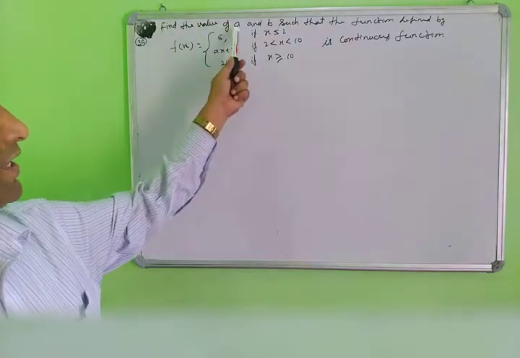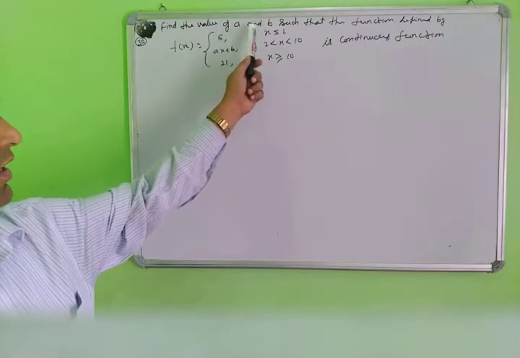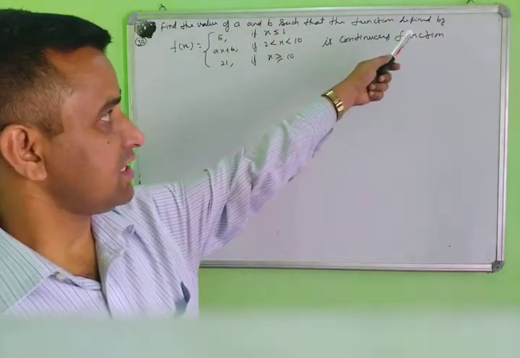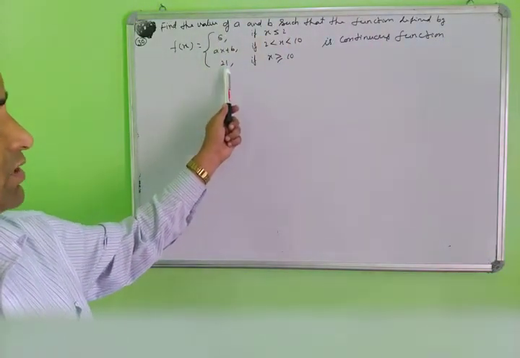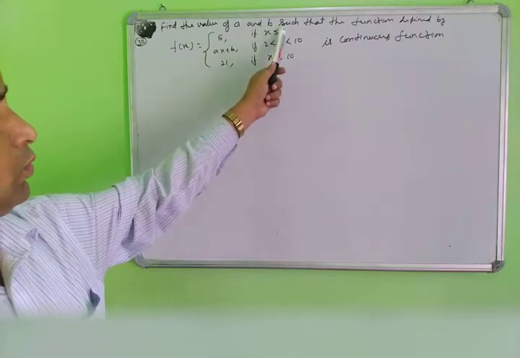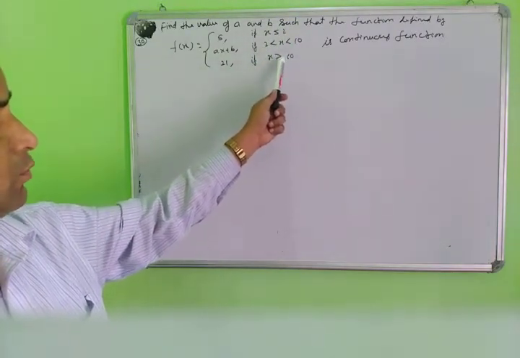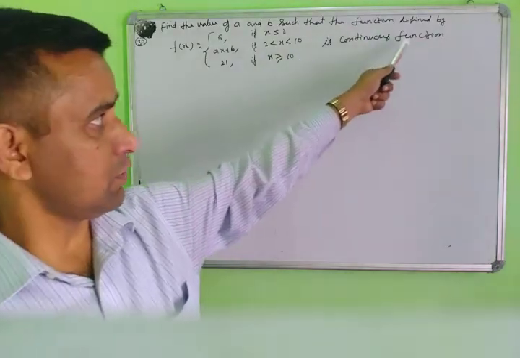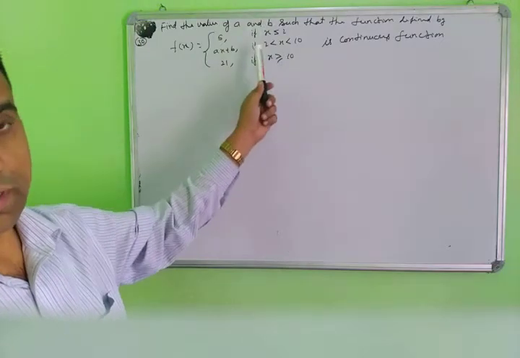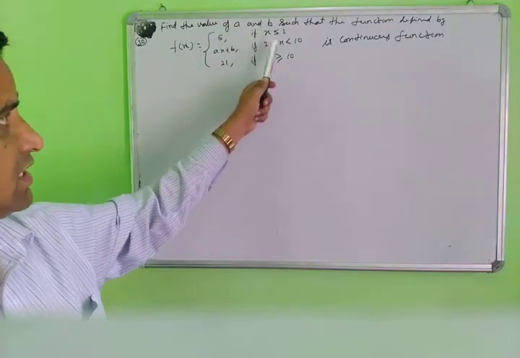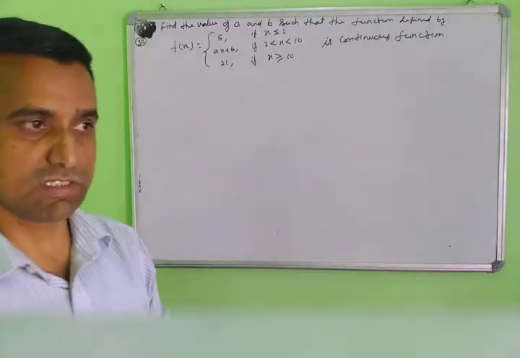Find the value of a and b such that the function defined as 5 for x less than or equal to 2, ax plus b for 2 less than x less than 10, and 21 for x greater than or equal to 10 is continuous. This function is continuous between 2 and 10.